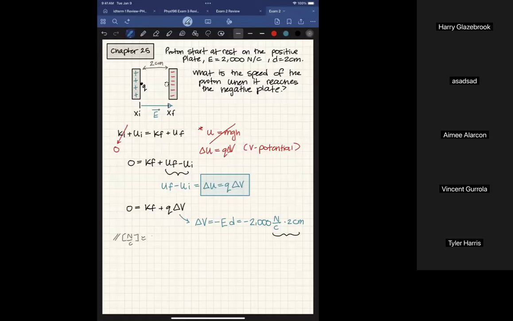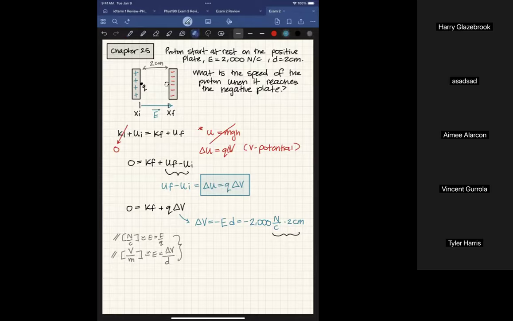E was force over charge, so that's why we had newtons per coulomb. Identically, the electric field units are volts per meter, and we get that because the electric field is equal to the change in potential over distance. So these are exactly the same. If I write 2000 newtons per coulomb, it's the same thing as writing 2000 volts per meter.